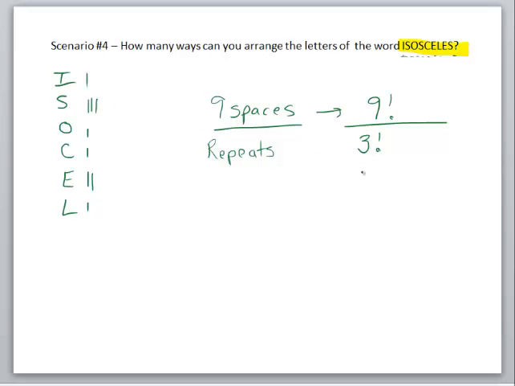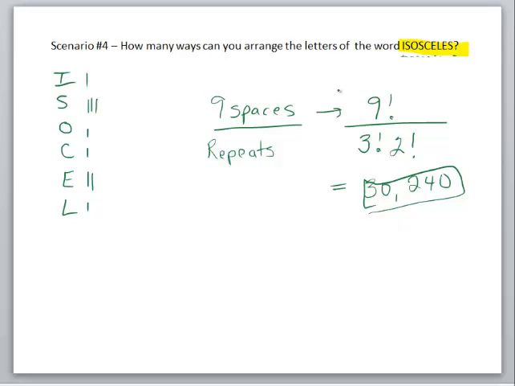I'm going to divide by 3 factorial because there are 3 factorial ways in which I can arrange those same S's. Then there are 2 factorial ways that I can arrange the E's. It could be the first E with the second E, or then the second E first and then the first E. If I simplify this, it gives me a total of 30,240.